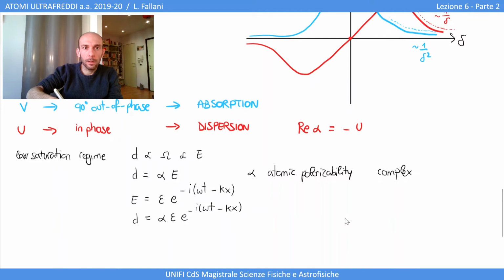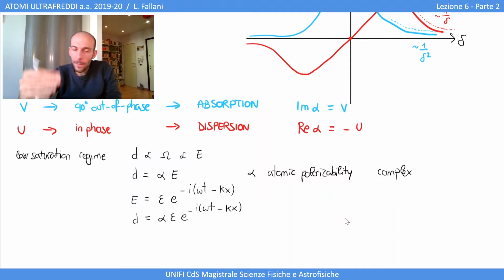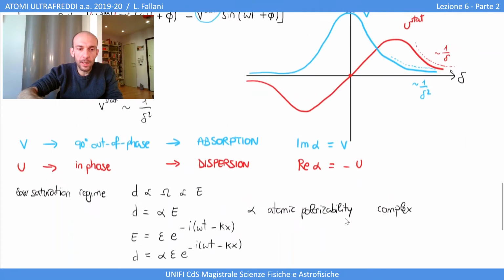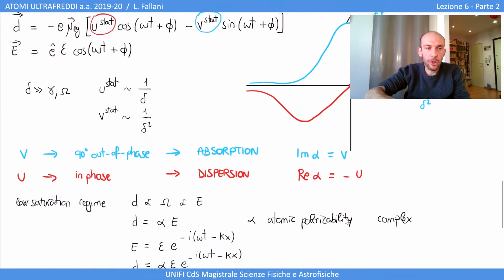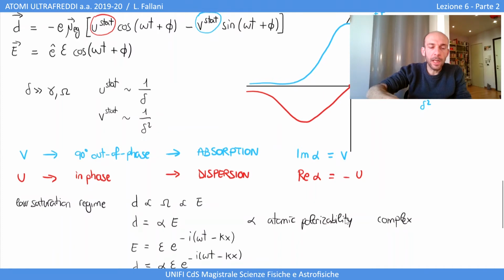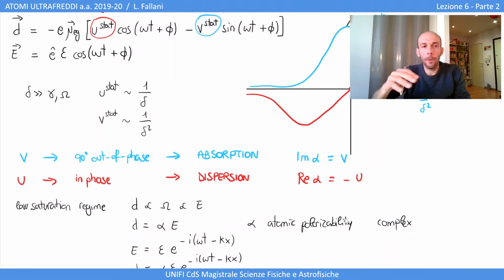and the imaginary part instead is connected with a 90-degree out of phase contribution of the electric dipole, and this will be proportional to v. And of course, this is straightforward, and it comes from the expression of D and E that we gave before.